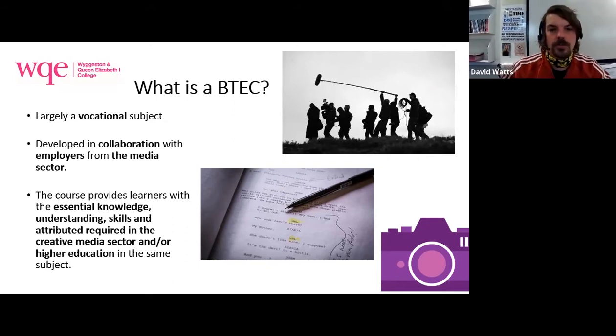What are the core skills required to make media products? So as the PowerPoint says, this course provides learners with the essential knowledge, understanding, skills, and attributes required in the creative media sector, or in higher education in the same subject.